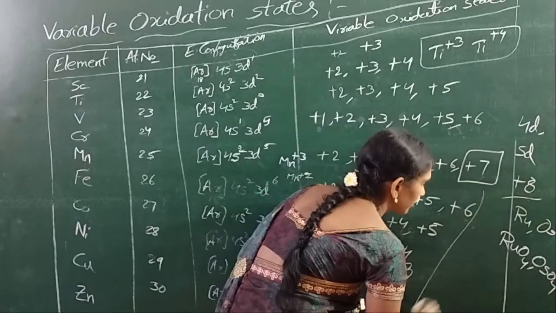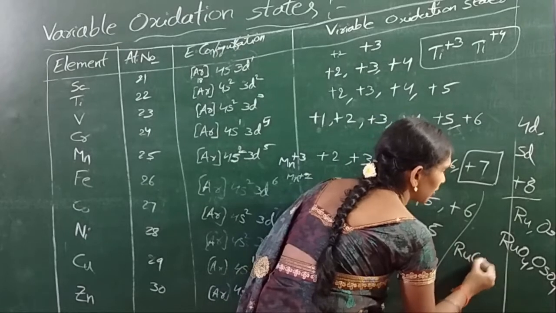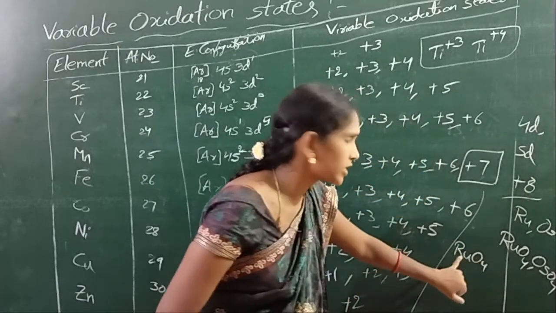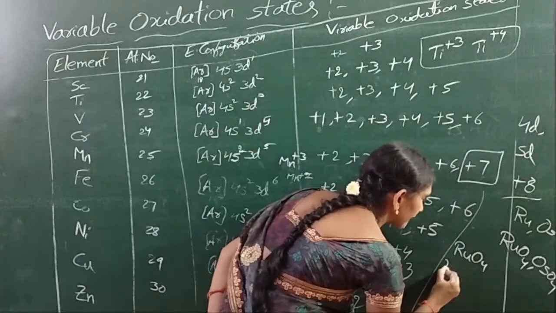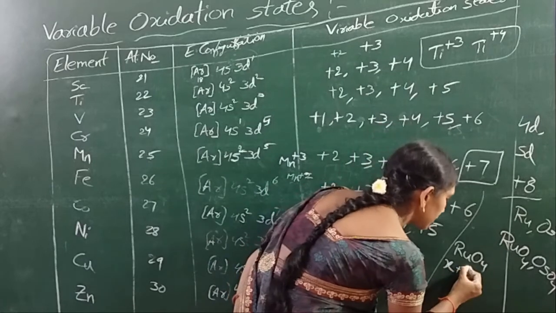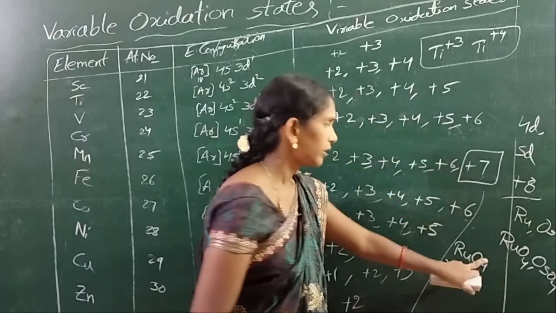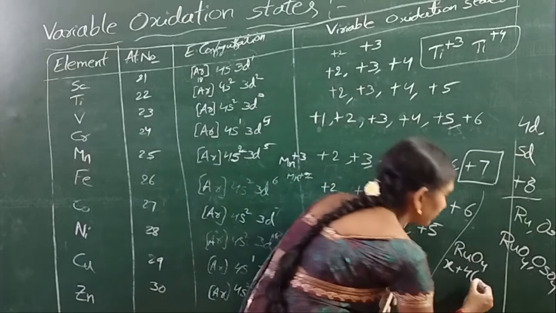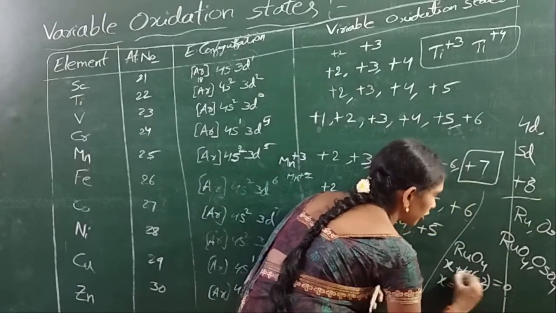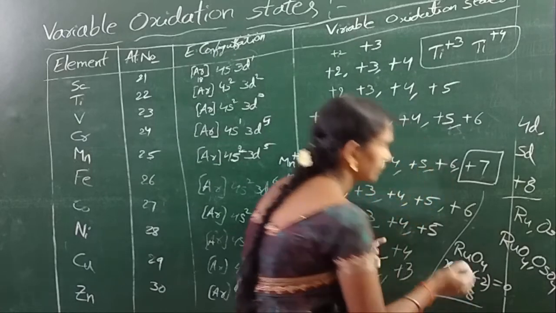Okay, we can find out the oxidation state of ruthenium in ruthenium oxide. Okay, I can take X plus 4 oxygens are present. So 4 into the oxidation state of oxygen, -2, is equal to 0. Then X is equal to +8.